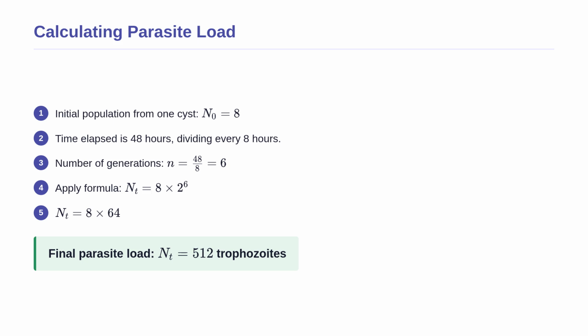First, we find the number of generations by dividing 48 by 8, giving us 6 cycles. We plug these into our formula, 8 times 2 to the power of 6. 2 to the 6th power is 64. Multiplying 8 by 64 gives us a final count of 512 trophozoites. From just one cyst, we get over 500 tissue-destroying cells in 2 days.